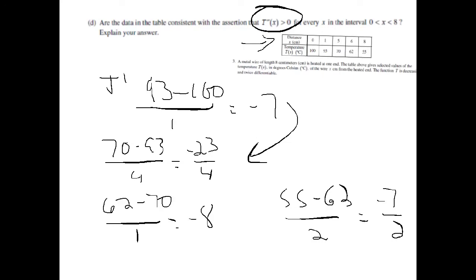In order to go from negative 23 over 4 to negative 8, though, the rate of change of T prime has to be negative because the number got more negative. Therefore, we could say that it is not consistent with the second derivative being greater than 0, because there is a range over which the rate of change of T prime gets smaller. That would be this range right here.